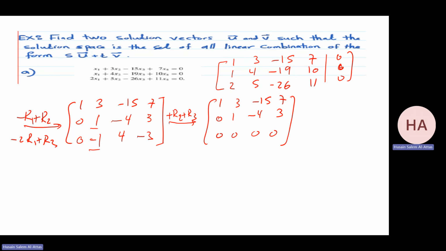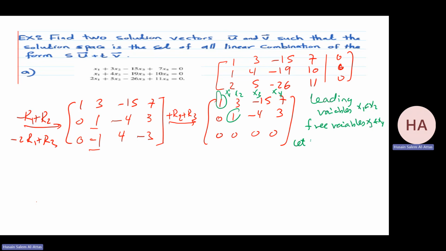So if we do this trick about the free variables, these are the leading variables: x1 and x2. The free variables, those I'm looking for, are x3 and x4.